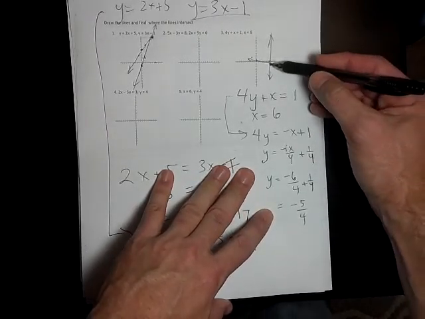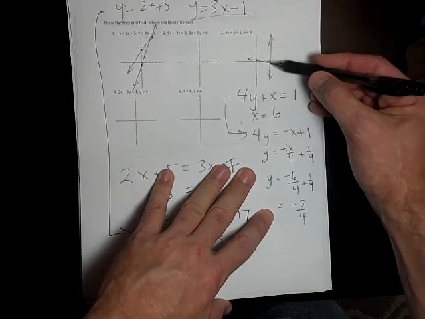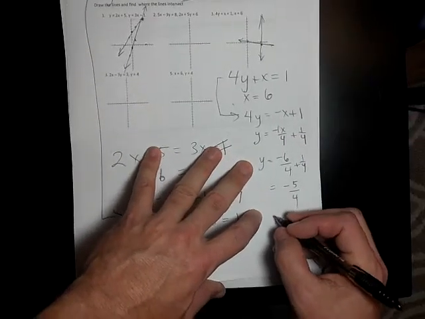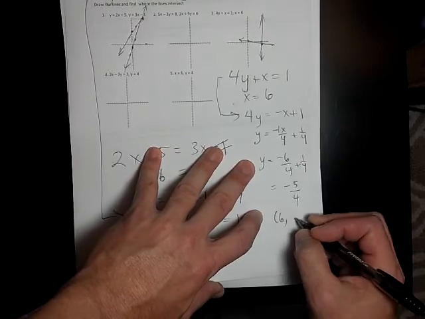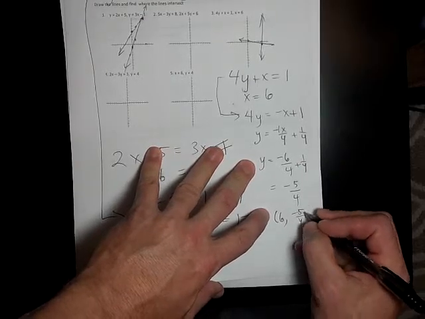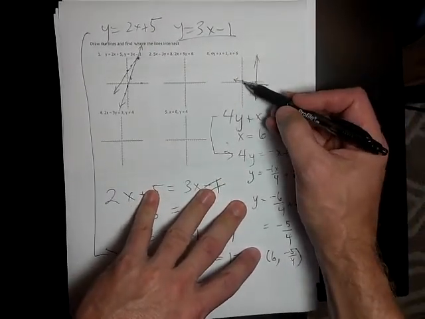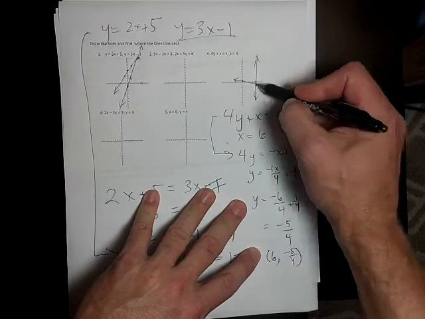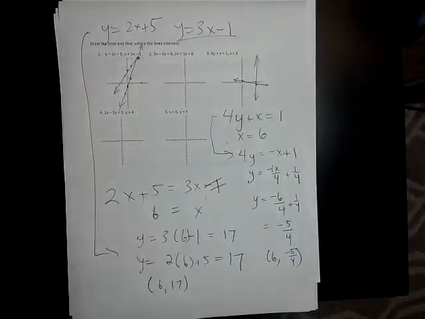So I've drawn this actually okay. So the point of intersection is 6 as the x value and minus 5/4 as the y value. So move over 6, minus 5/4 is about right there.